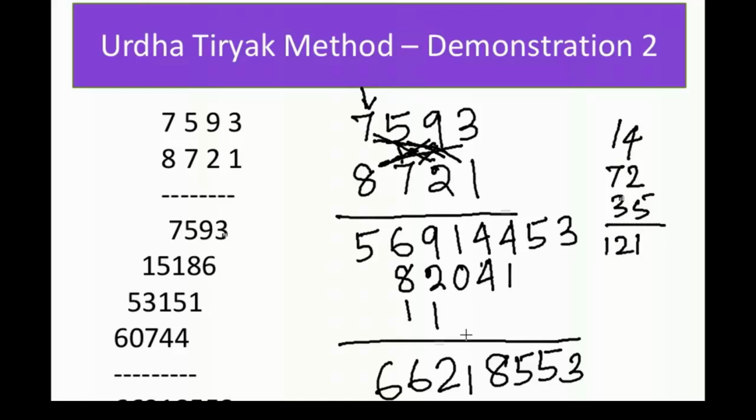So this addition is quite simple here. Then I carry over the digits to the next column. So that's all. So I get it like this.